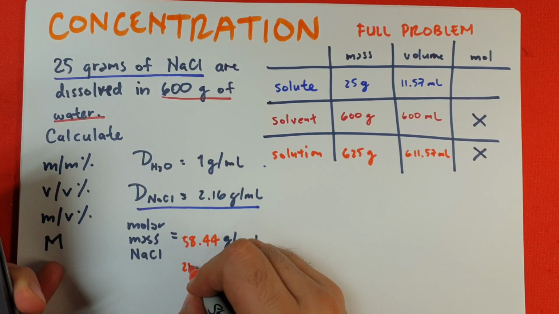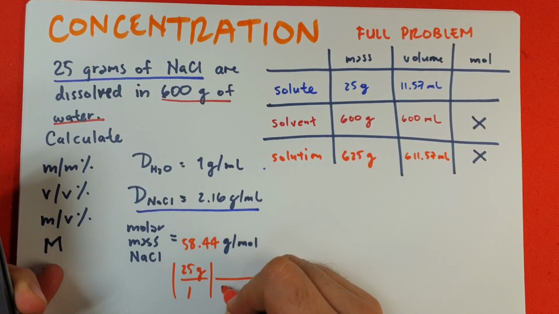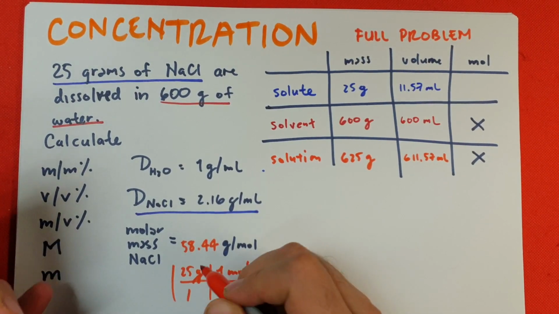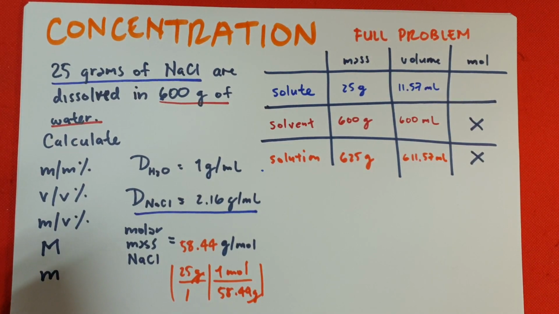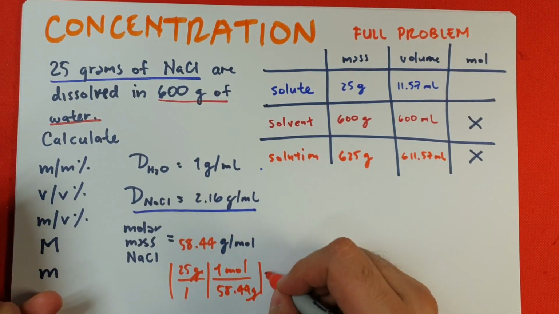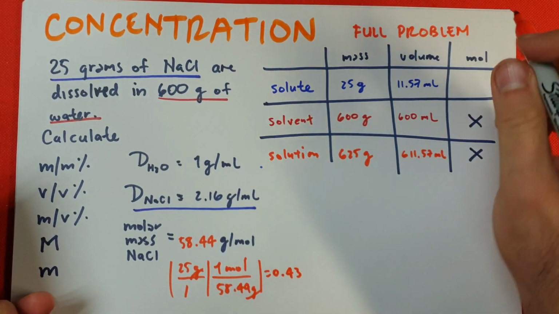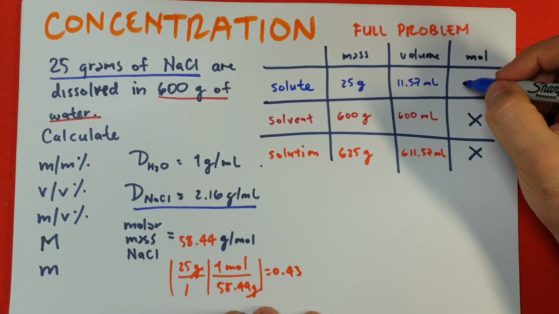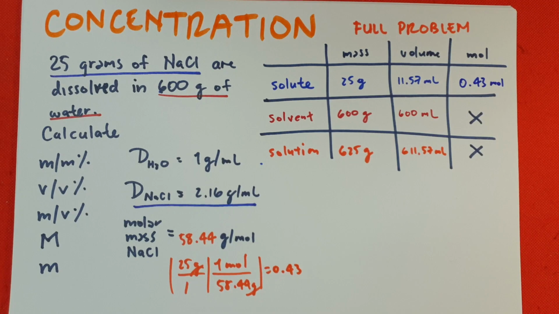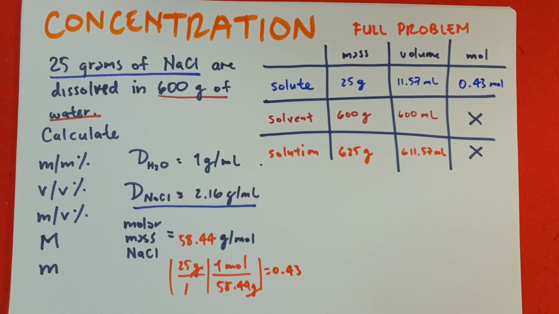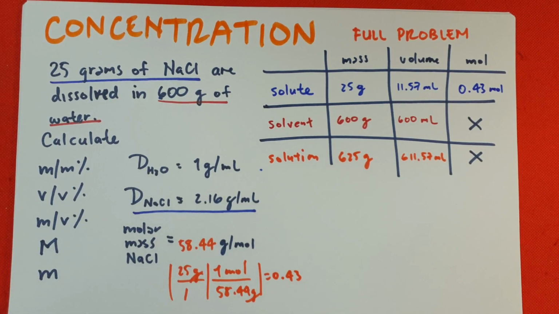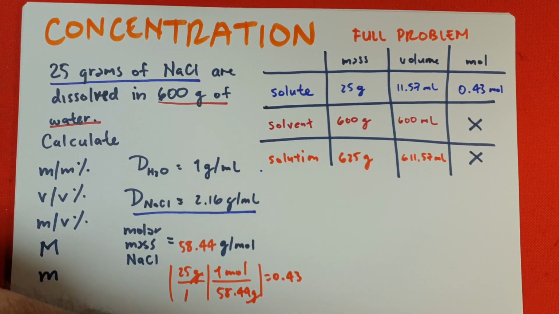With a quick conversion factor, 25 grams over 1 times 1 mole over 58.44 grams, grams cancel out, and 25 divided by 58.44 is 0.43, rounded. So our moles of solute are 0.43 moles. It took maybe 3 minutes to do this with the explanation going on, but once we do this, it's quite simple.